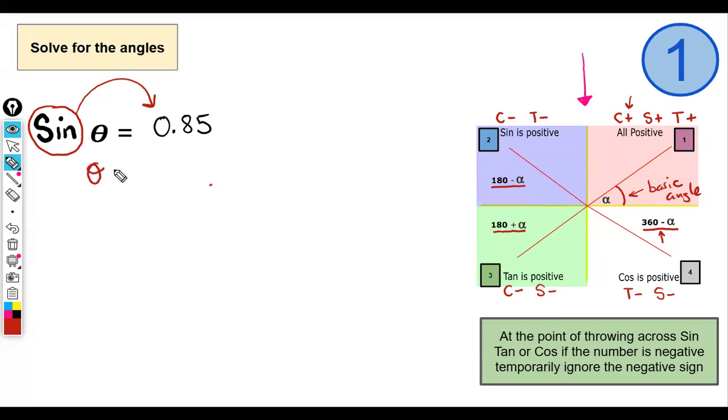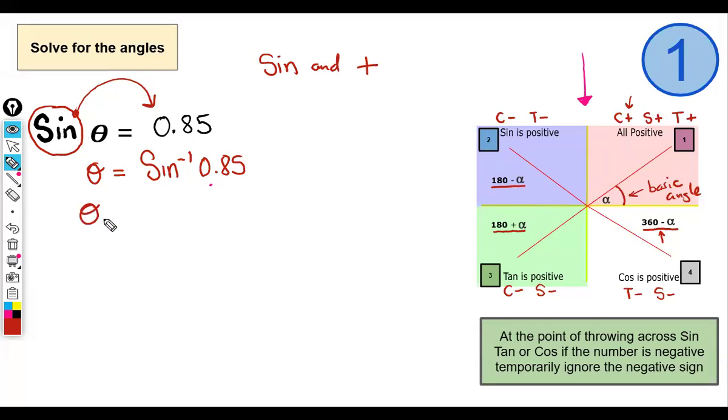The opposite of sine is sine inverse. Now, at the point of throwing across the sine, what was waiting on the other side? A positive number. So this question is a sine question, and it's a positive type of question. The positive type of question is easy.